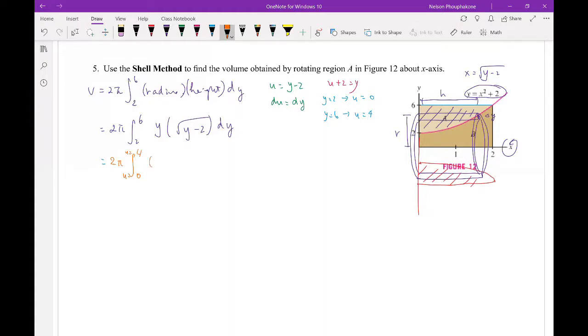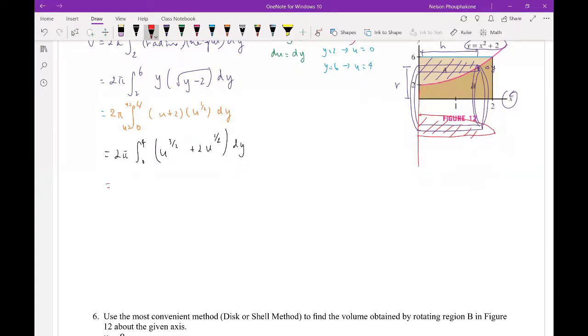And then I will have u plus 2 square root of u. If we write u to the 1/2, then dy. And now I will have 2 pi integrate between 0 and 4 of u to the 3/2 plus u times u to the 1/2. Okay.